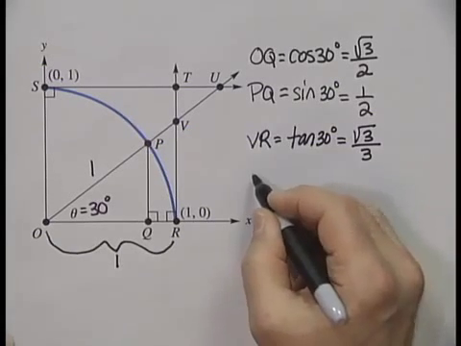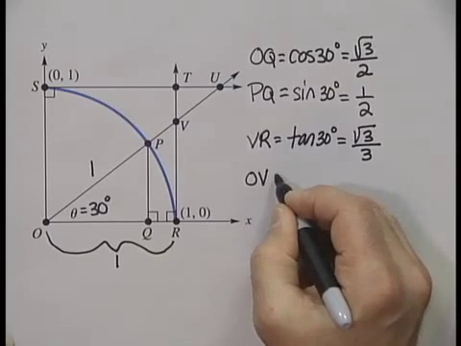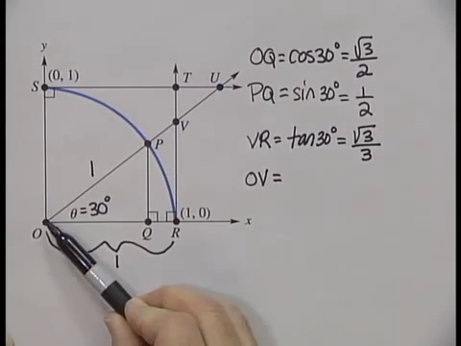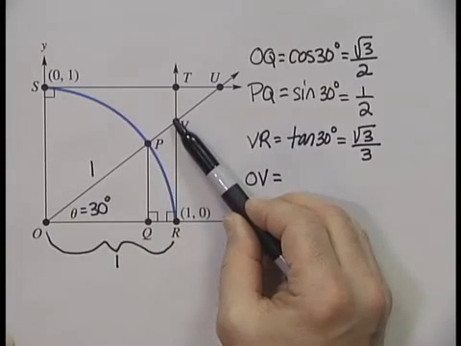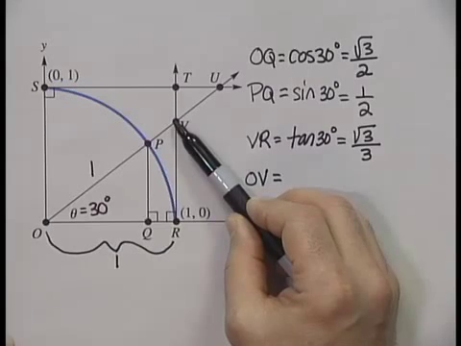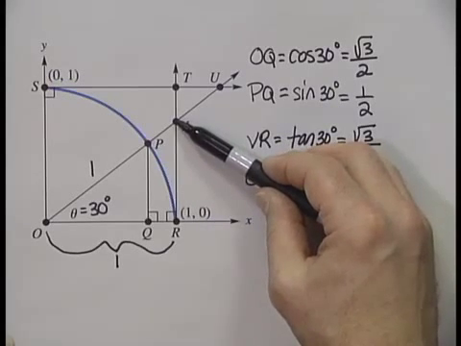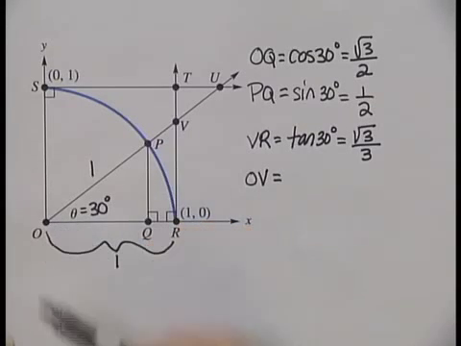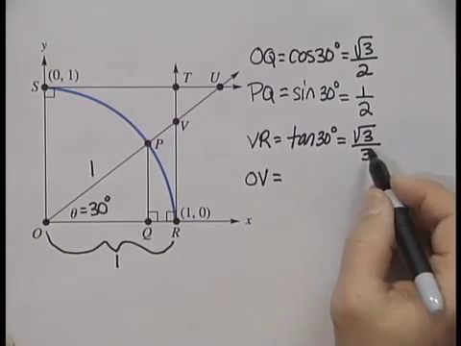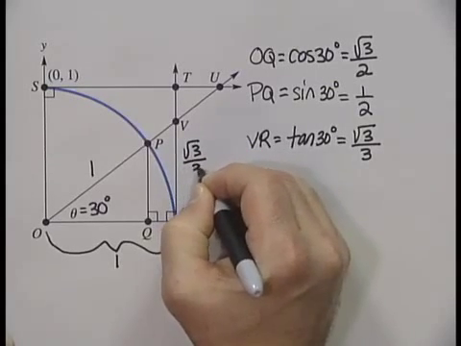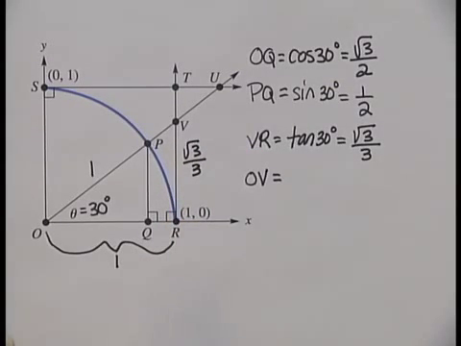Next, we will find the length of the segment OV. OV is from here to there. So it's the length of this segment, which is the hypotenuse of the triangle OVR. Now, we just determined that VR is the square root of 3 divided by 3.